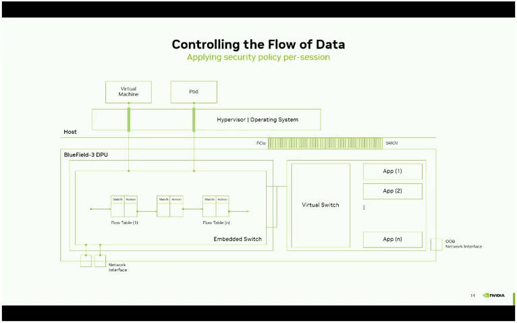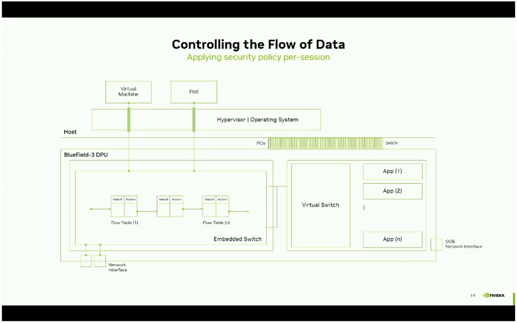Hardware will not find a match. It'll ask the software what to do with it. The software also has an implementation of a virtual switch. The difference is that the software side has a policy, and it will act according to the policy and make a decision. If allowed, it will push a rule into a new flow table, and that flow will be allowed and offloaded and accelerated using hardware.